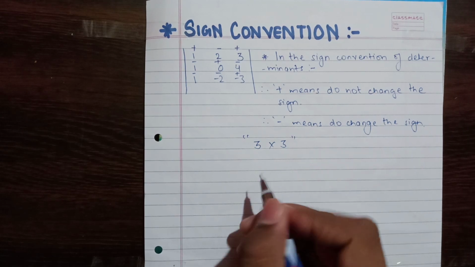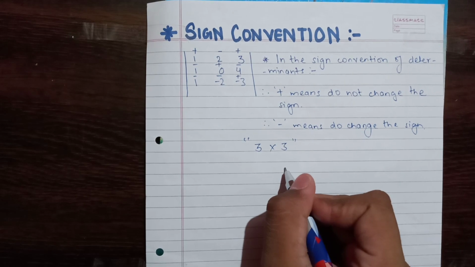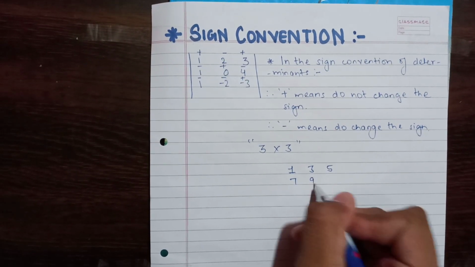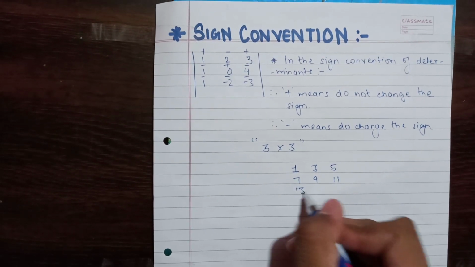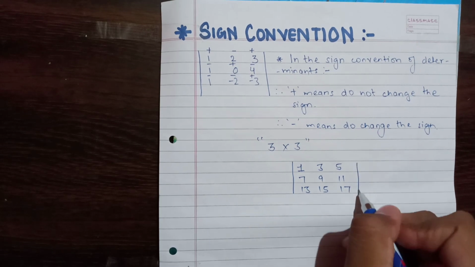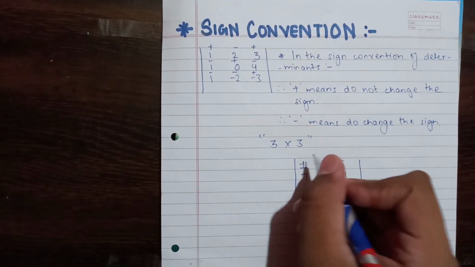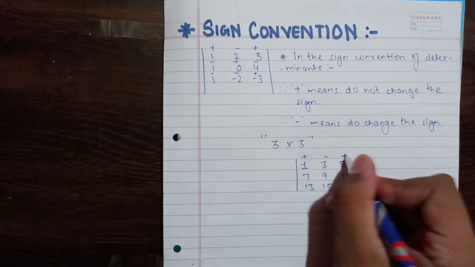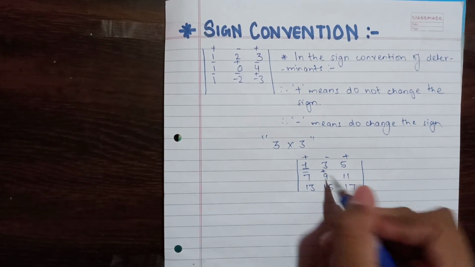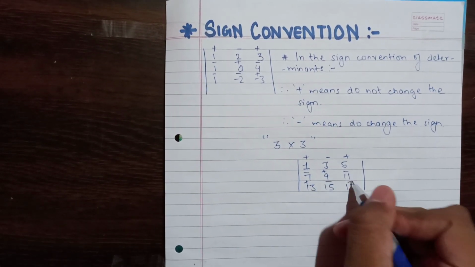For example, say we get an example called 1, 3, 5, 7, 9, 11, 13, 15 and 17. We are given this example, and now you tell me how we'll put the sign convention. We'll put it as odd even: plus minus plus, here minus plus minus, and here plus minus plus.